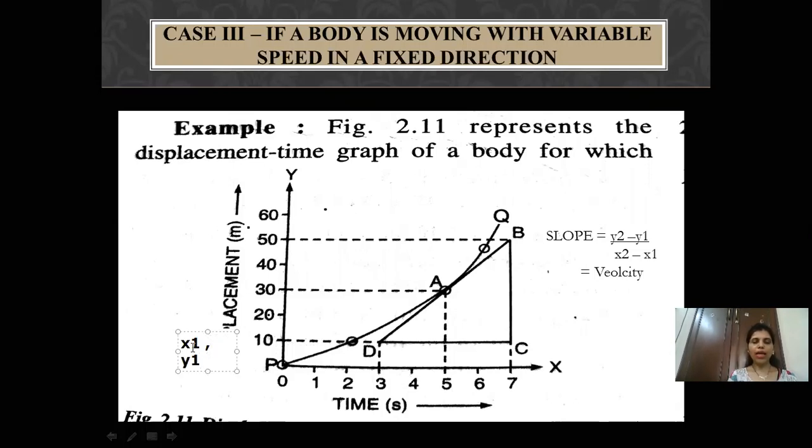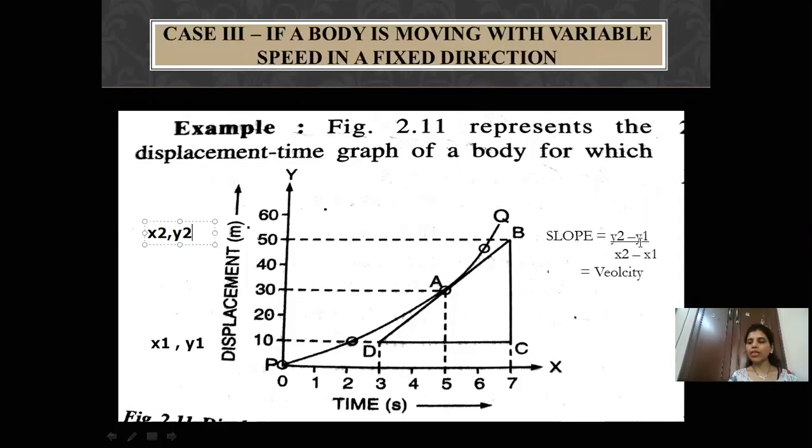Okay, and the next coordinate is over here, this particular point as x2 comma y2. Okay, so children, this coordinate is x1 y1, this is x2 y2.